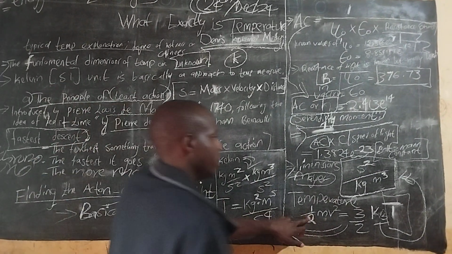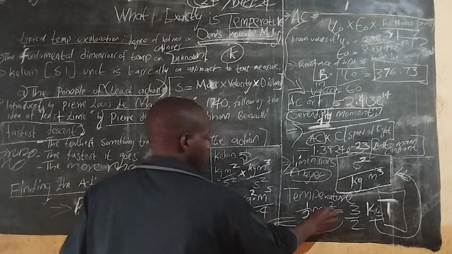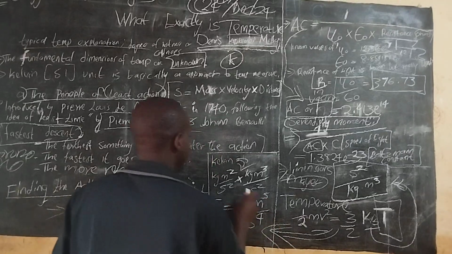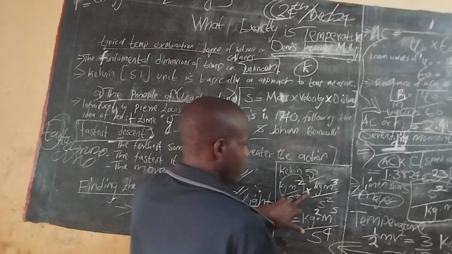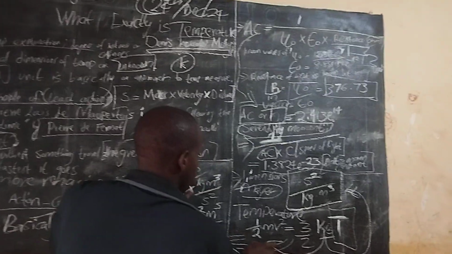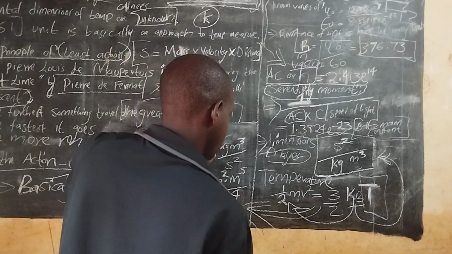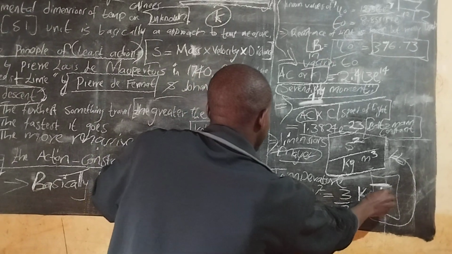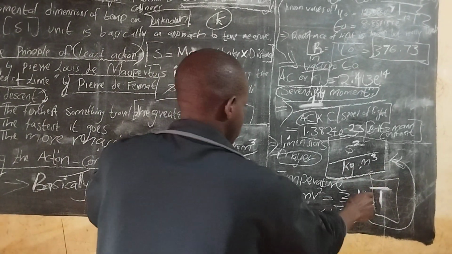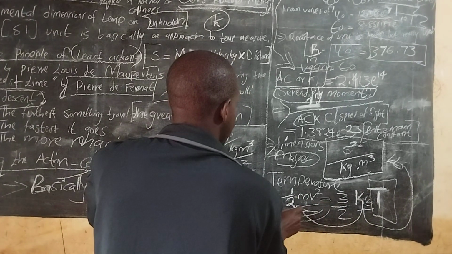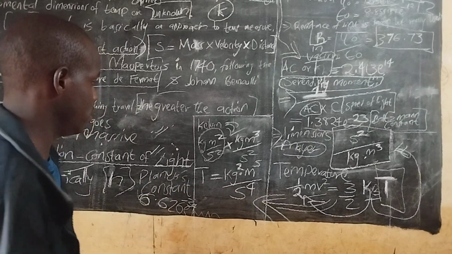So now we need to find temperature. We know this one: energy is mass multiplied by velocity squared, which is this value. So we bring this one to this side. To get temperature, we take the inverse of Kb, because it will be energy multiplied by that divided by Kb.